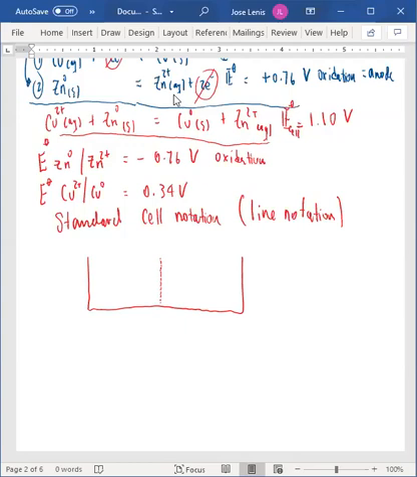So on this first cell, we're going to place our zinc electrode, and we just learned that the zinc is going to do oxidation. Therefore, the zinc is going to be our anode. On the other cell, we're going to place the copper metal.